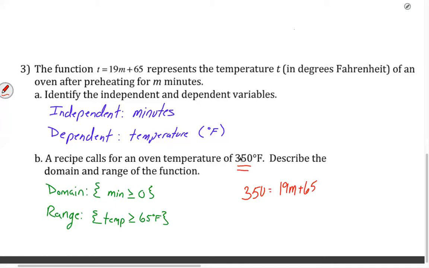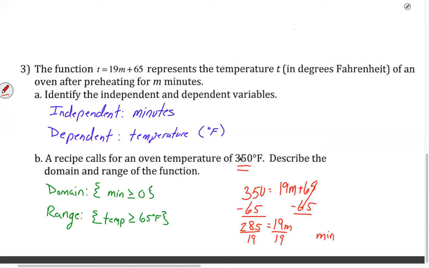Put a negative in front of it. Yeah, we're going to subtract it. So 350 minus 65, that's going to be 285. Now what, Lubu? Divide by 19. Very good, Lubu.